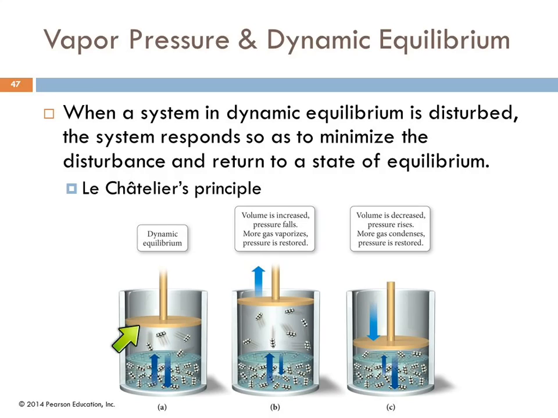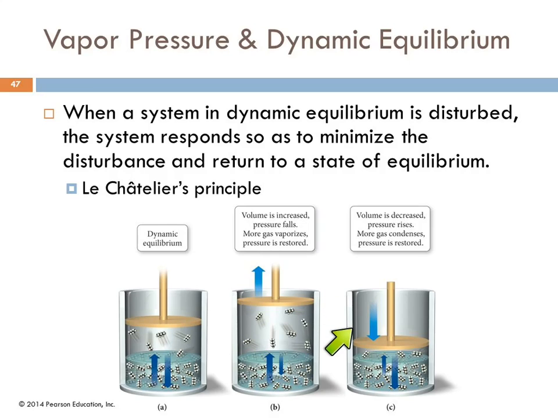So here we have an equilibrium between a liquid and its gas. If we increase the volume of this container, that causes the pressure here to decrease. That lowers the rate of condensation. The rate of evaporation remains the same, and so we're going to get more gas particles to come up here and reestablish that dynamic equilibrium.